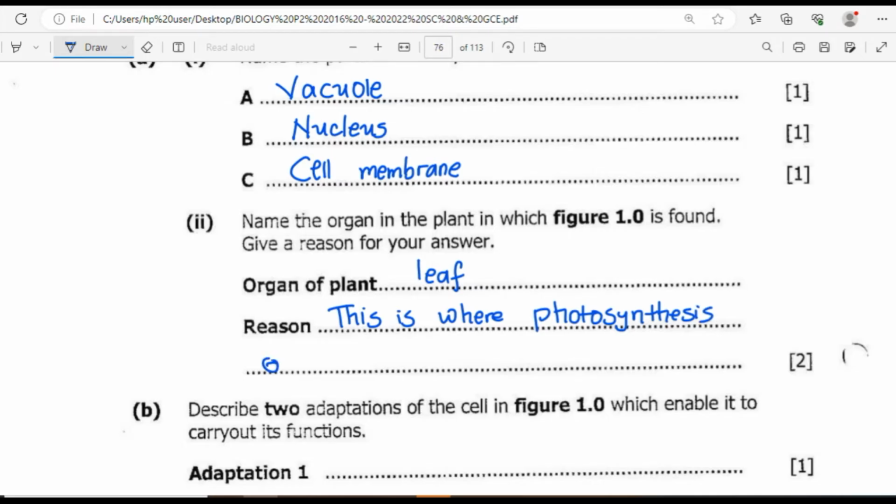So if we look at photosynthesis, definitely we are looking at the process that is involved during the formation of glucose.